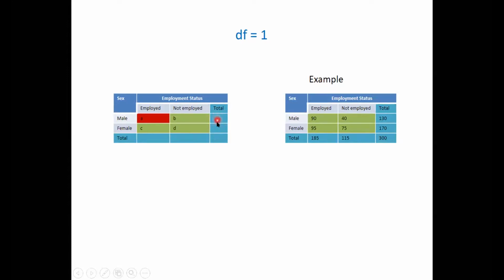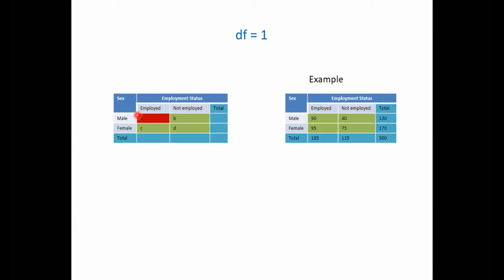So on the row, all you need to know is one cell. Once you know one cell, if the total is 130 here, you can say let this one be 90, let it be 70, it can be anything. But once you put a value there, this other one cannot vary, because for the total to be valid, whatever is going to be here will be the total minus the first one.